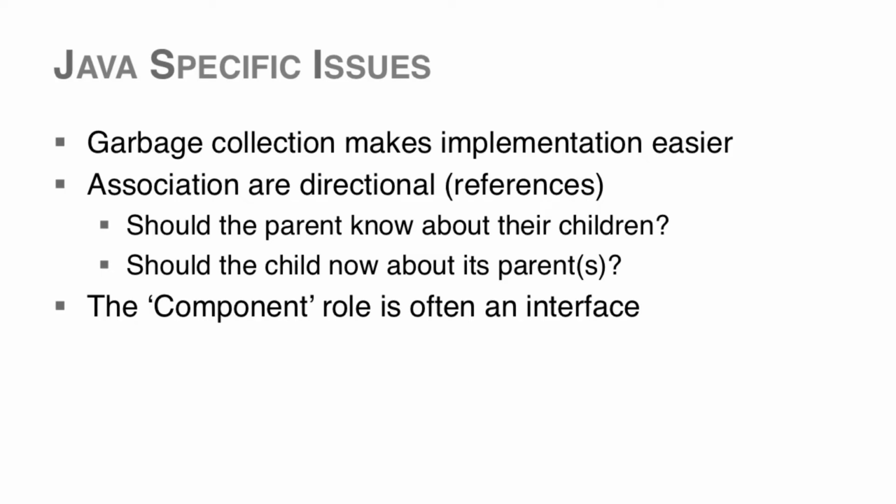Most common is that the parents store a reference to their children, perhaps using one of the collection classes. But in some cases, you're actually better off having a child know about its parent or parents. The component role is also often an interface. In many cases, you introduce both an interface and a common base class, because often there are some parts of the implementation that are common between the leaf and the composite.